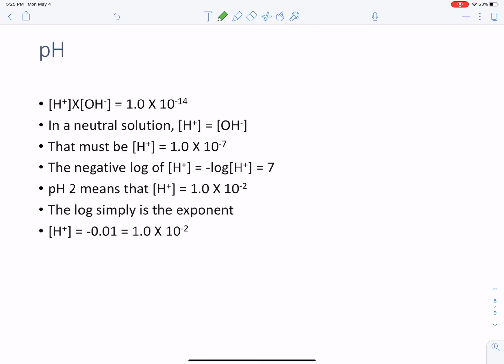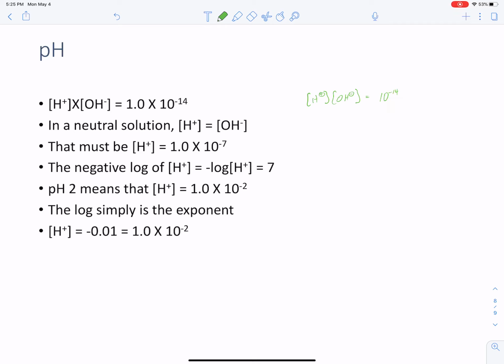For instance, in a neutral solution, well, this is a lot of stuff. So we know that the concentration of H plus times the concentration of OH minus is equal to 10 to the negative 14th.